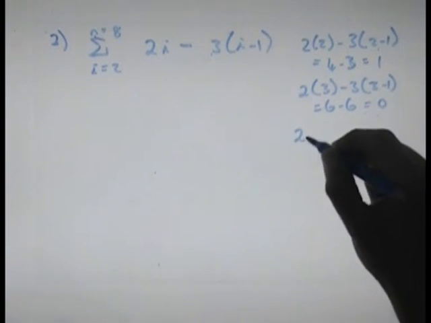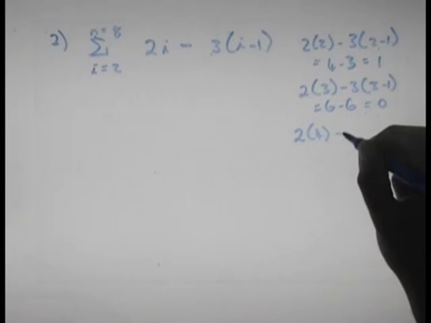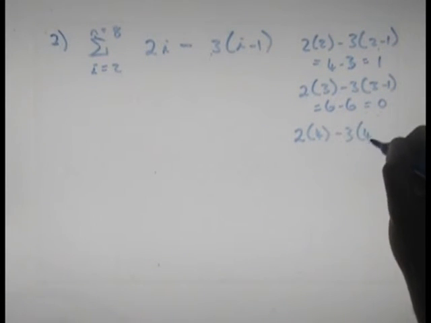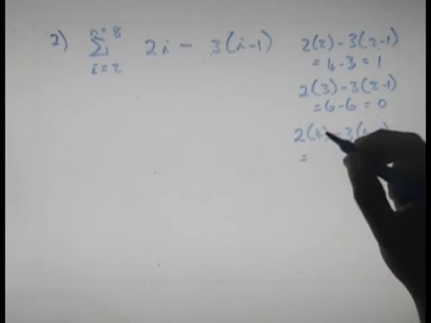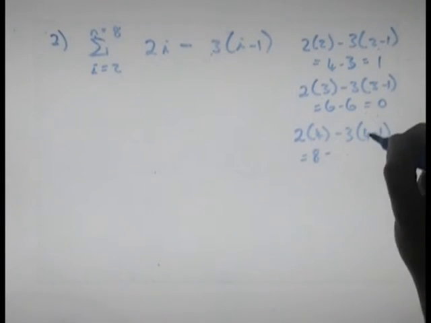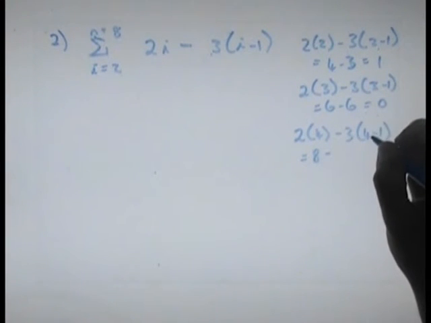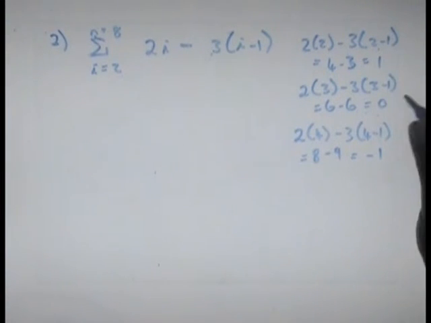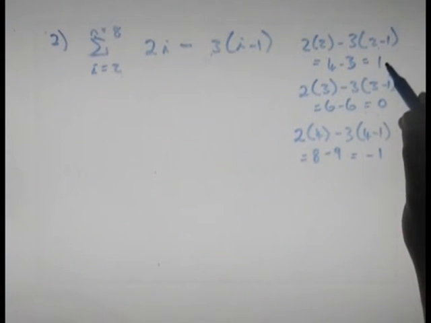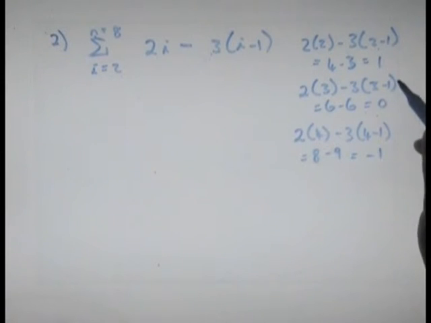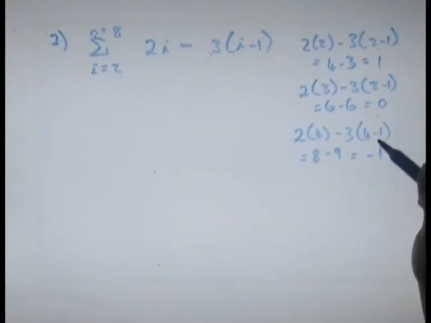The next term is going to be 2 times 4 minus 3 times 4 minus 1, which is equal to 2 times 4 is 8. 4 minus 1 is 3. 3 times 3 is 9. So that's 8 minus 9, which is equal to negative 1. So our first term is 1, our a value is 1 rather, and our common difference is 0 minus 1 is negative 1.